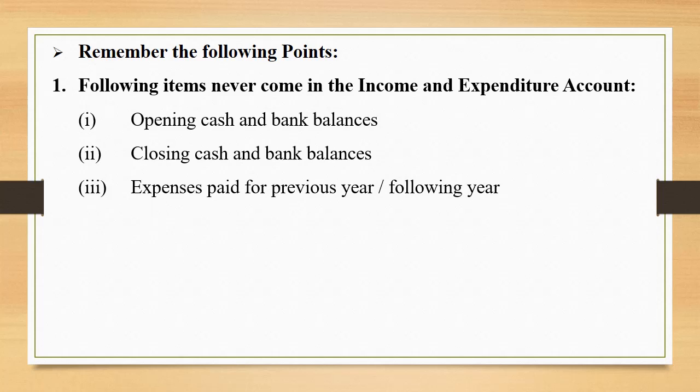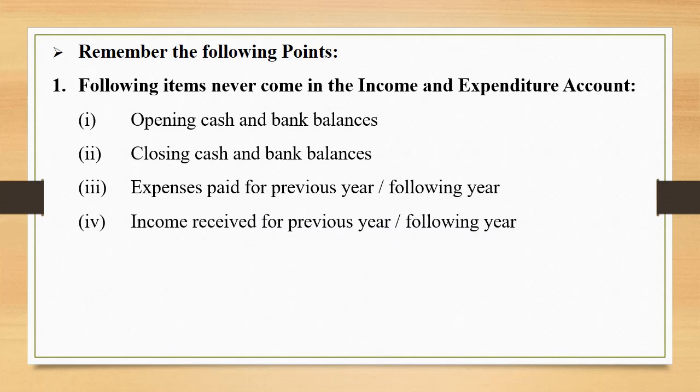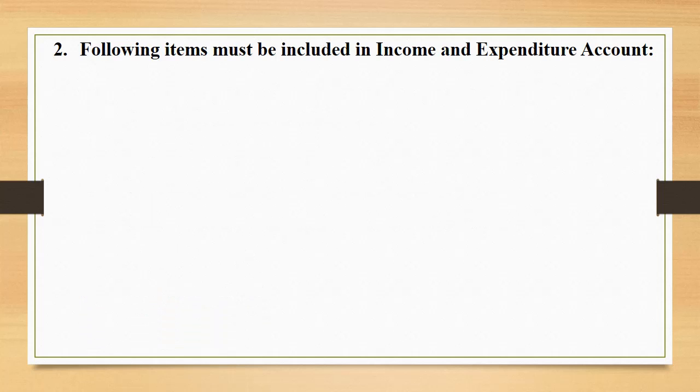We need to restrict this account to the items of the current year only. Any amount related to the previous year or next year will not be recorded here. Income received for the previous year and the next year. Capital receipts are not recorded because in this account we only record the revenue items. Capital payments also will not be recorded in the income and expenditure account.